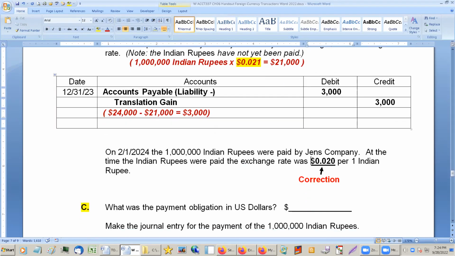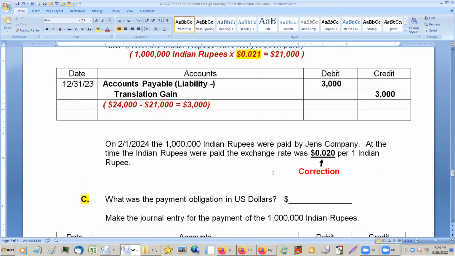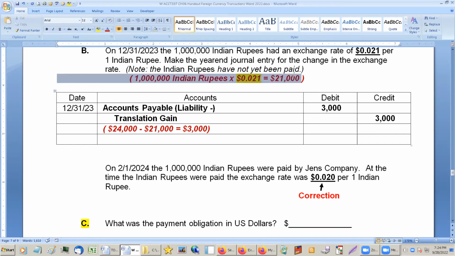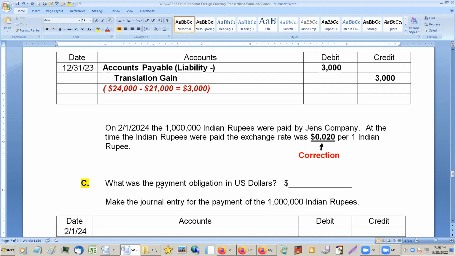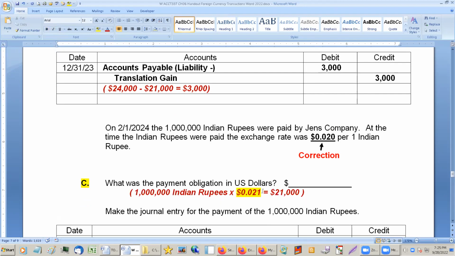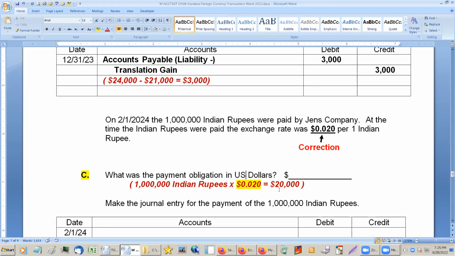Okay, but make sure you do this correction down here. Okay, and the translation here is really working in our favor. So the payment obligation is 20,000.